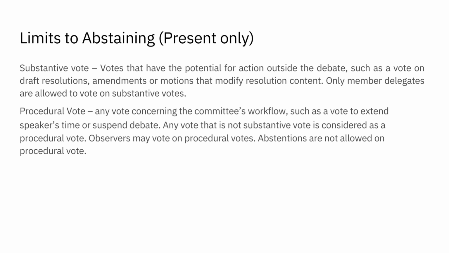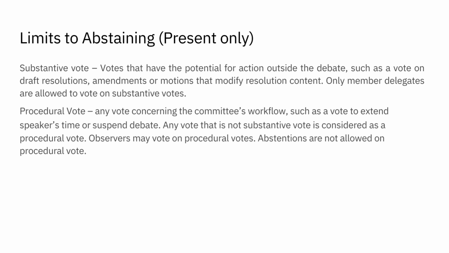So, limits to abstaining. This is for if you are present only. There are times where you do not want to vote, which are during the resolutions, but for procedural votes, you would have to vote, because that's how the workflow gets done, and nothing would be progressed if you had 190 people abstaining.